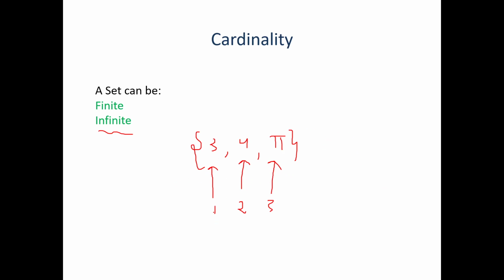But what you just did is kind of like a bijection. This was the set you were trying to prove is finite, and you made another set, 1, 2, 3. It's a finite number.